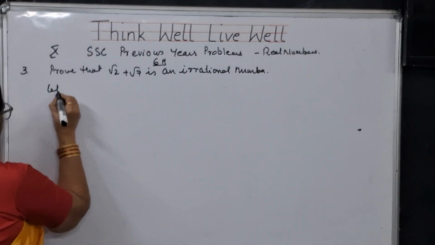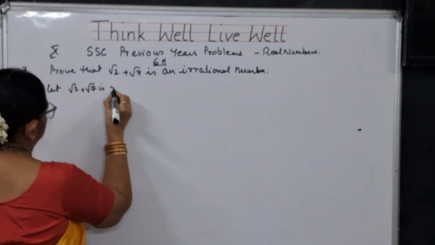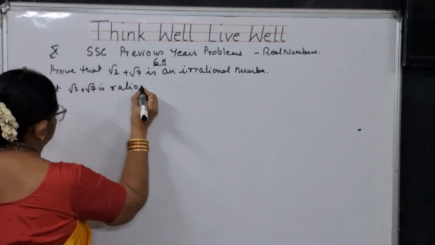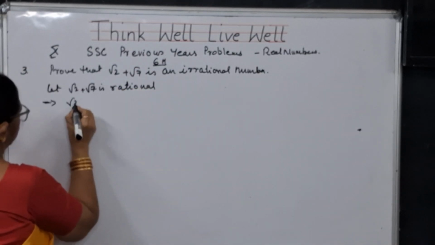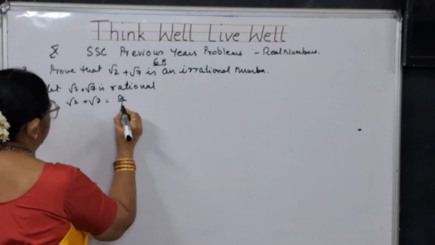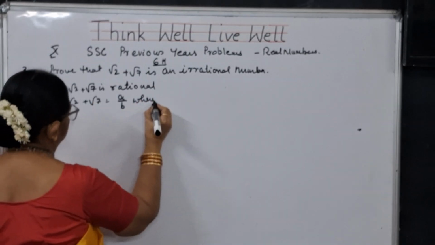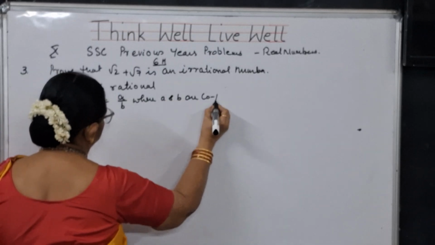So let us suppose that root 2 plus root 7 is rational. If it is rational, what does this imply? Root 2 plus root 7 is equal to a by b, where a and b are co-primes.